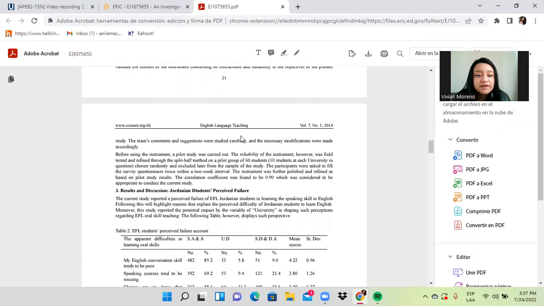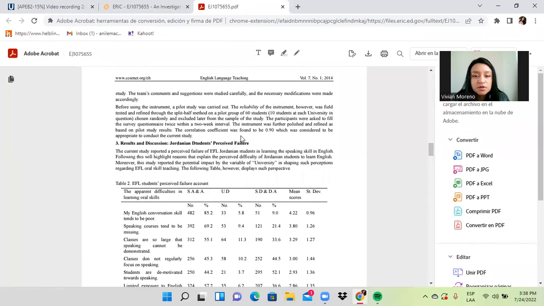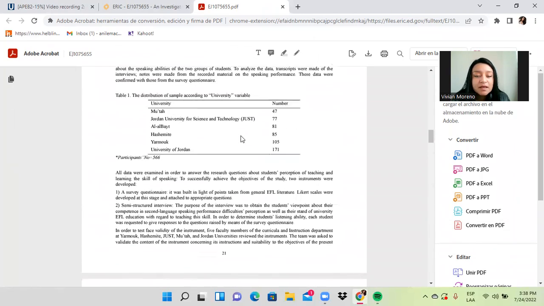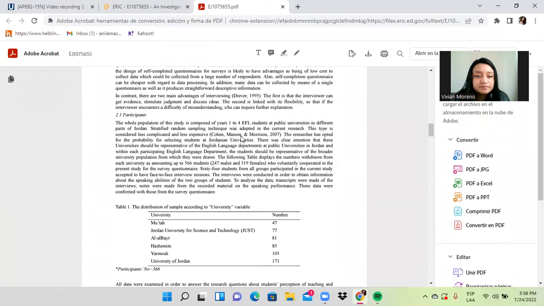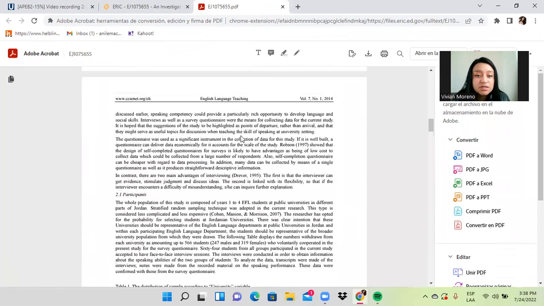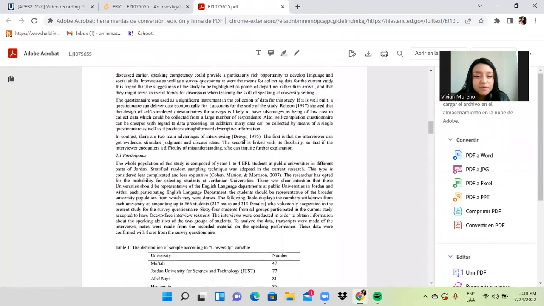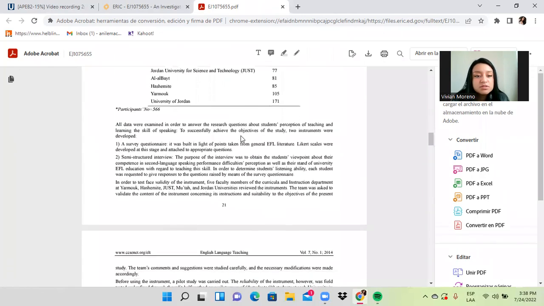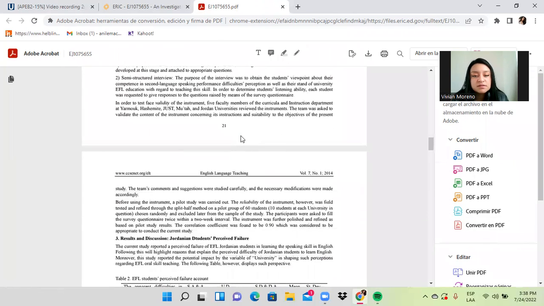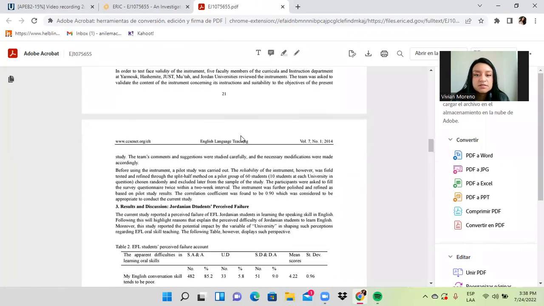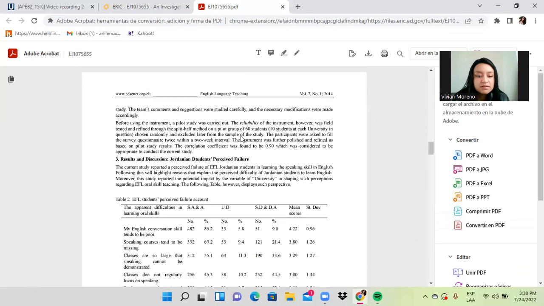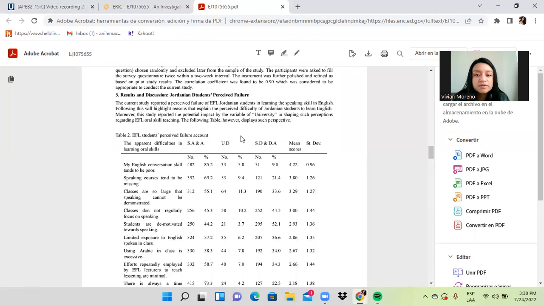After that, we can find the results. This research was carried out with opinion questions about what the students thought about speaking ability and their conversation skills.